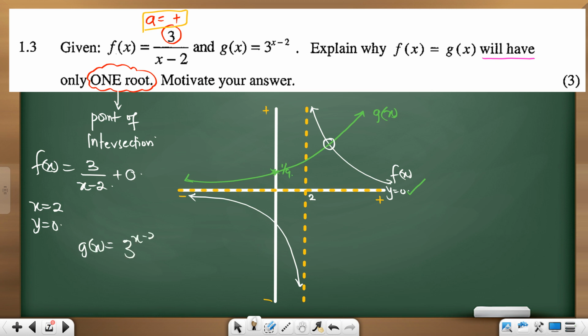What I did was, this again is 0, my horizontal asymptote. This one has no vertical asymptote. No vertical asymptote for an exponential function. It only has one horizontal asymptote, y equals 0.